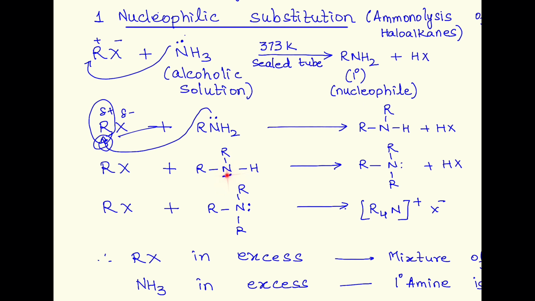Still, nitrogen is not done with its lone pair of electrons. Again, it can offer these electrons to the alkyl group of the haloalkane. The haloalkane breaks its tie with the halogen, and we have the nitrogen with 3 alkyl groups, and we have a tertiary amine. Oh my God, look at that. This has still got a lone pair of electrons.